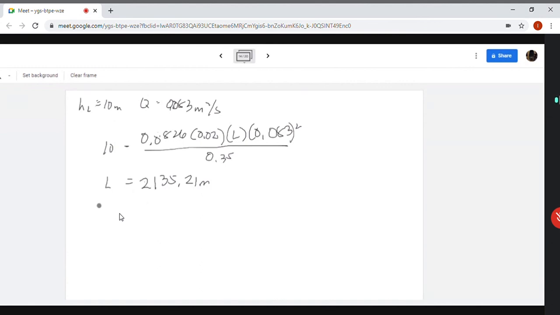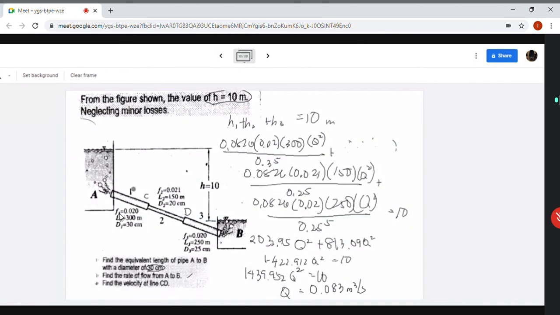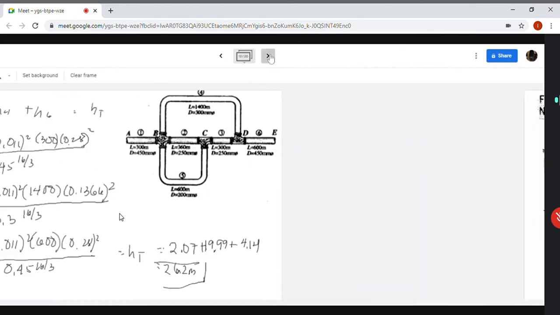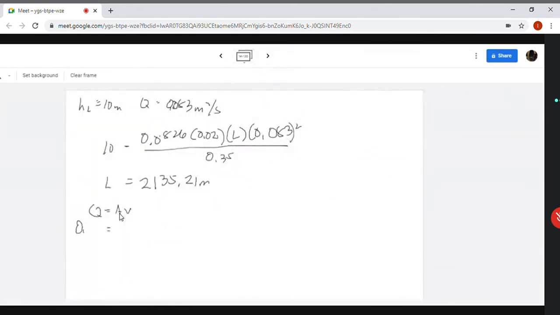Then for the velocity, we know that Q is equal to area times velocity, that is the same formula. So we use the discharge 0.083 equals pi over 4 times 0.2 squared times velocity.